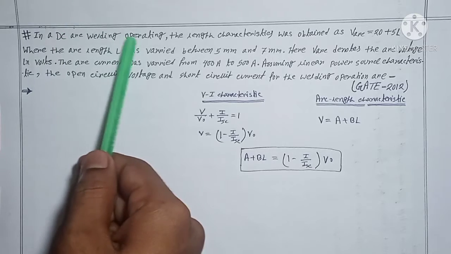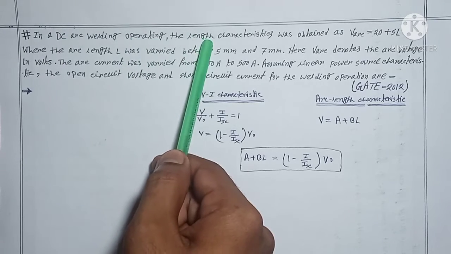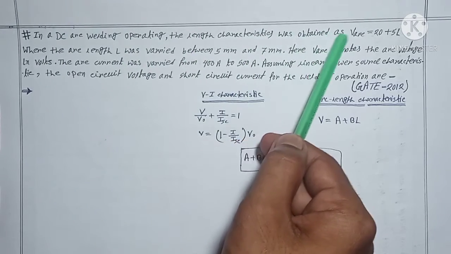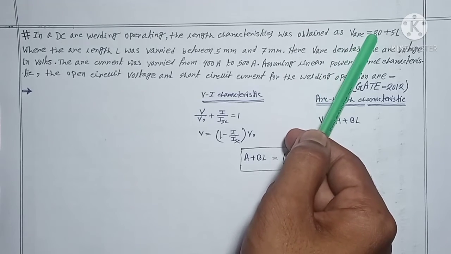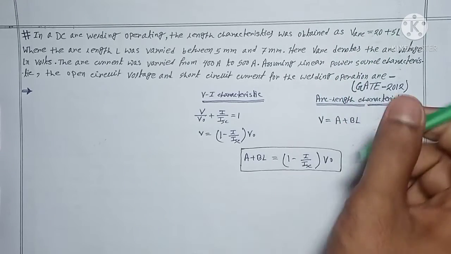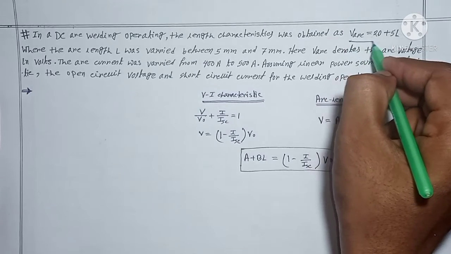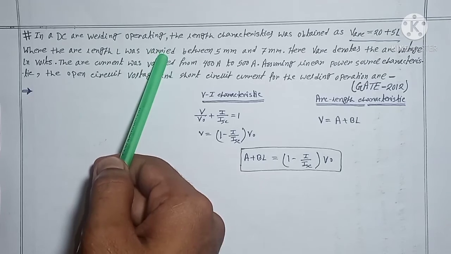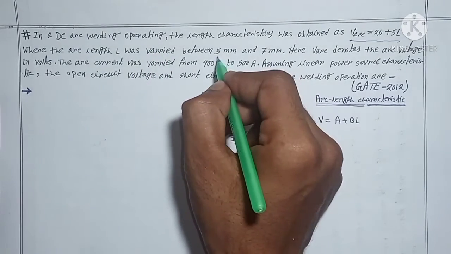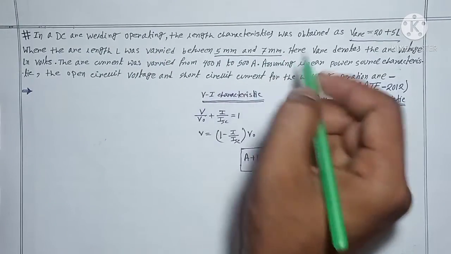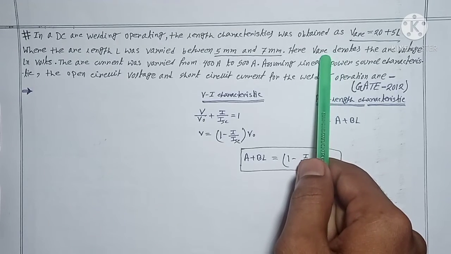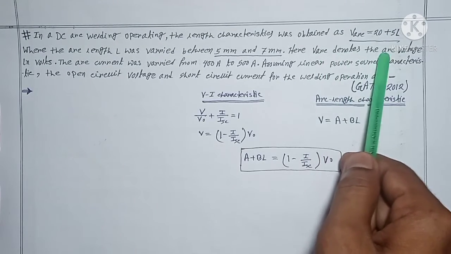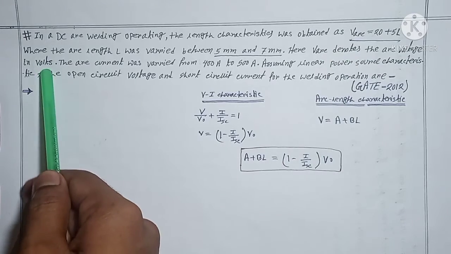In a DC arc welding operation, the arc length characteristic was obtained as V arc is equal to 20 plus 5L, where the arc length L was varied between 5 mm and 7 mm. Here V arc denotes the arc voltage in volts.